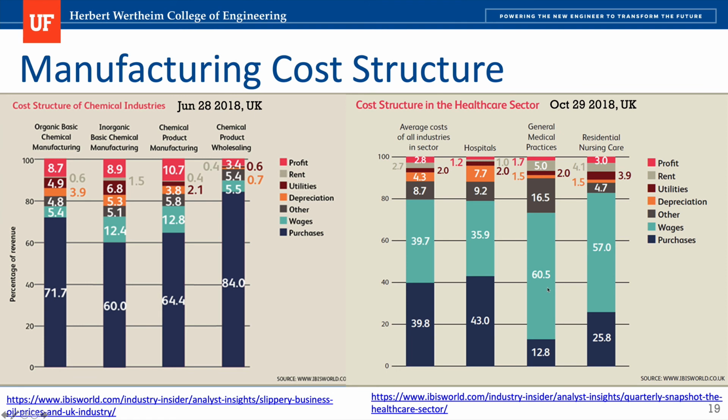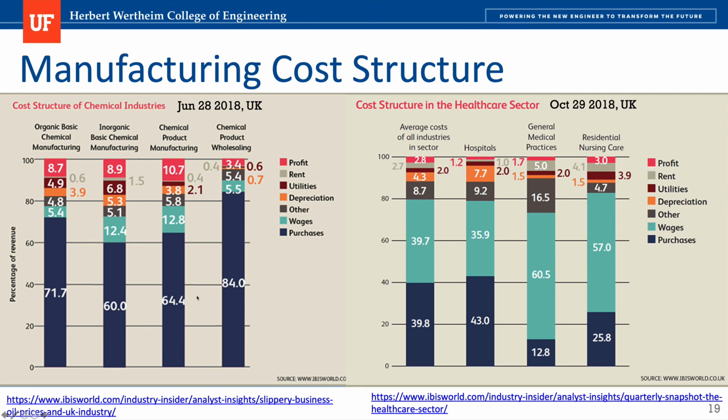So notice that for the chemical industry, even within the chemical industries, we have variations. Look at the chemical process wholesaling versus the chemical product manufacturing. Notice that the costs associated with purchases, wages, depreciation, utilities, rent, and profit do vary depending on the chemical industry. Notice here on the healthcare sector, you have the hospital, general medical practices, residential nursing, that here the wages are more.